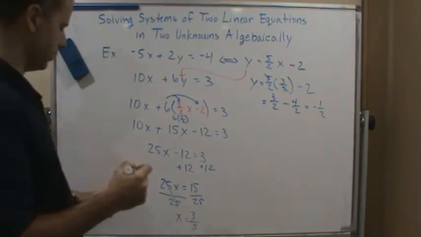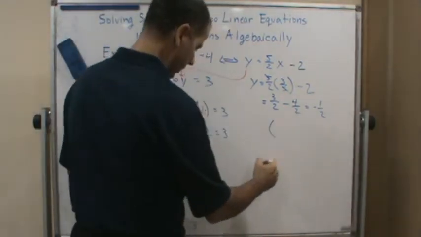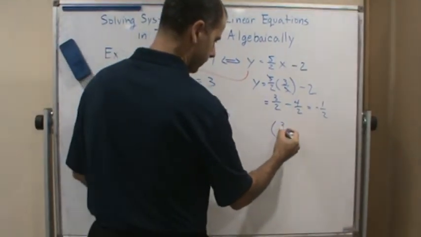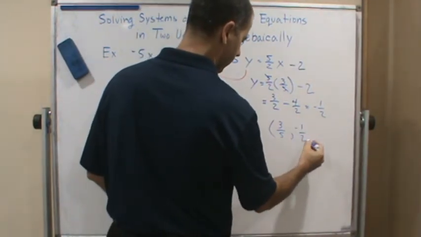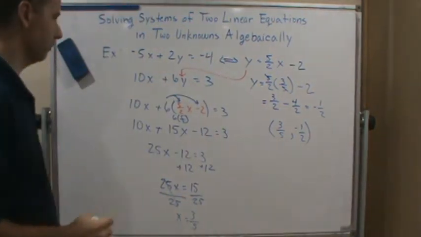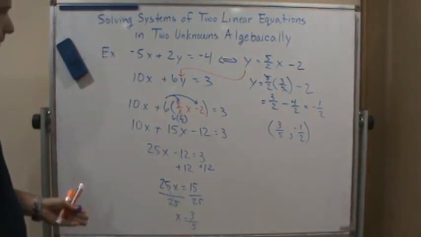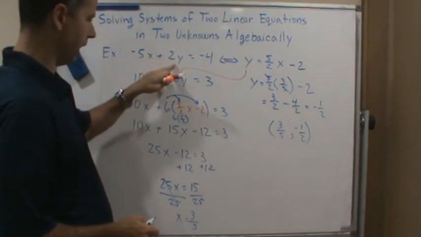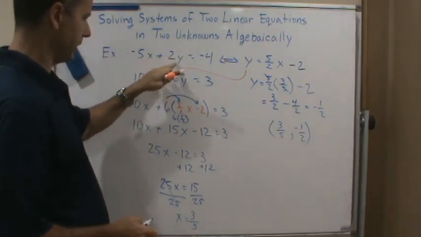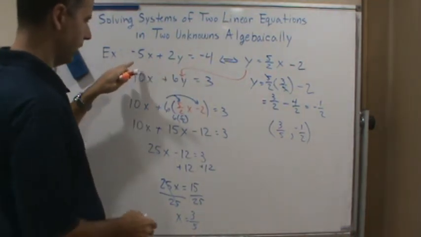And so now my solution is this. My x is 3/2. And my y is negative 1/2. And again, check. Do I get true statements? So plug 3/2 into here, plug 1/2 into here, and see if you get negative 4. And you do.